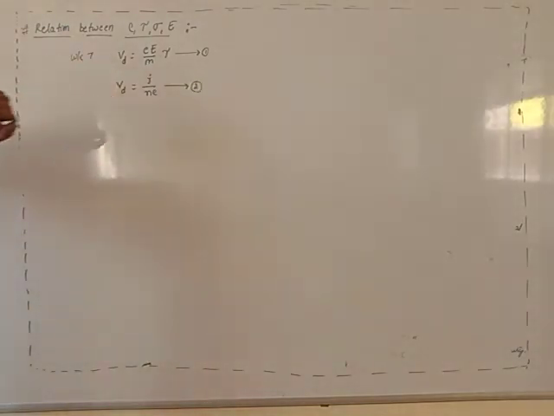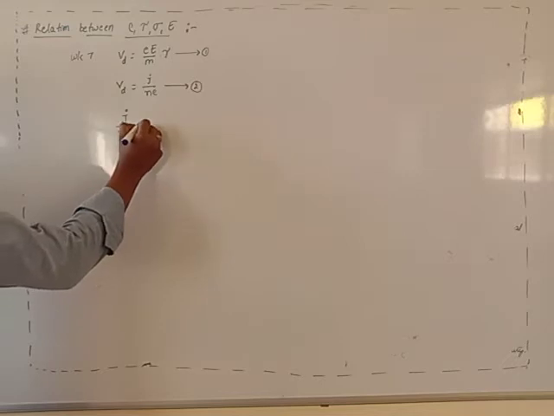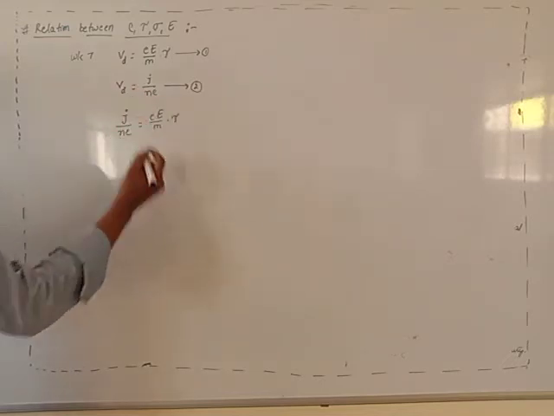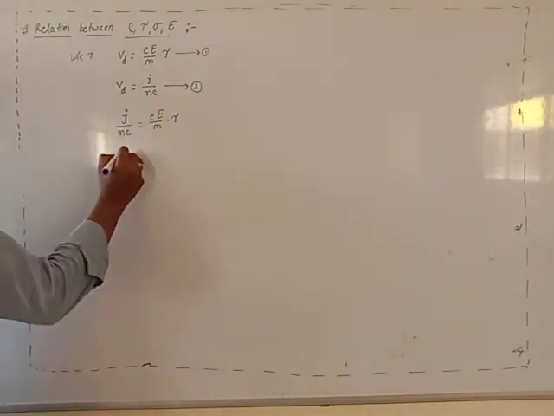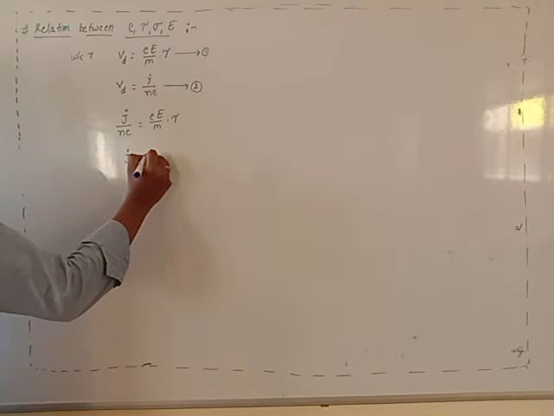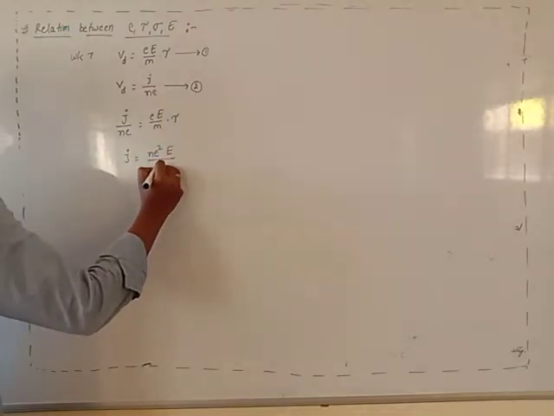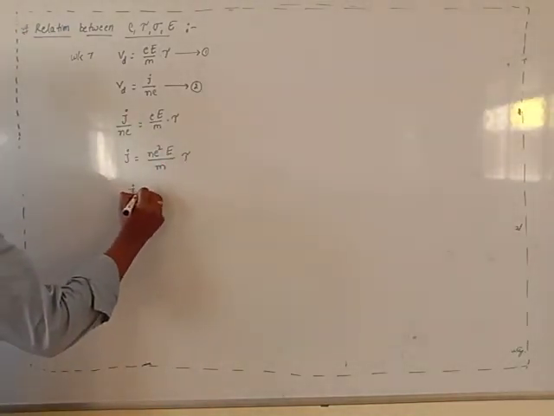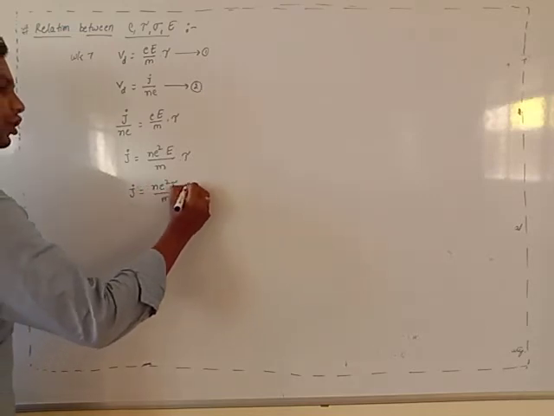Now both represent drift velocity only, therefore j by Ne is equal to eE by m into tau. Now bring this Ne to the right hand side, then j is equal to Ne square E tau by m. Or else I'll modify it like this, that is j is equal to Ne square tau by m into E.